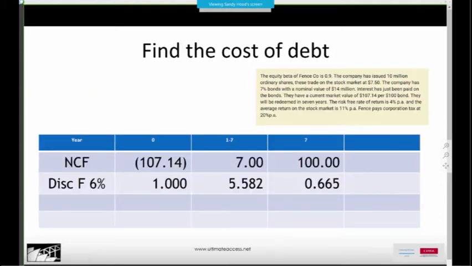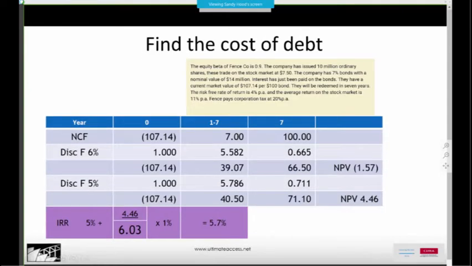We've got the cost of the debt. We know that these are trading at 107.14 ex interest, so that's how much somebody would pay for them. And on the basis that they're paying 7%, but they're trading at a higher amount, I've discounted them at 6%, and that gave me a negative amount. So I then went lower and found that the net present value at 5% was positive.